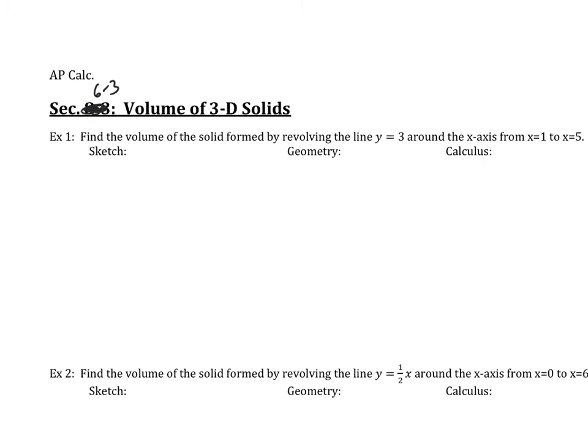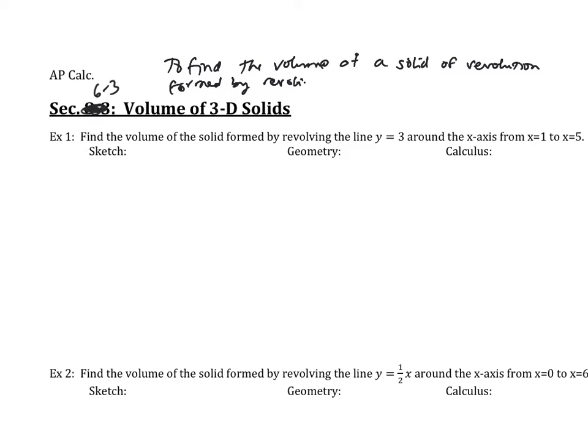And today's objective is going to be to find the volume of what we call a solid of revolution, formed by revolving a curve about a line, which we will call our axis of rotation.